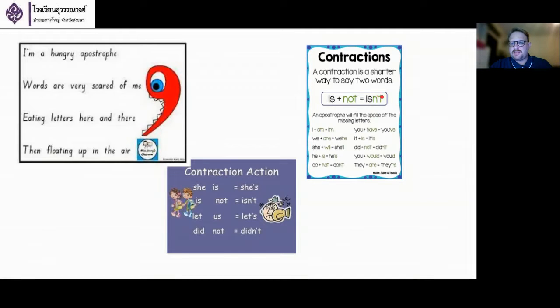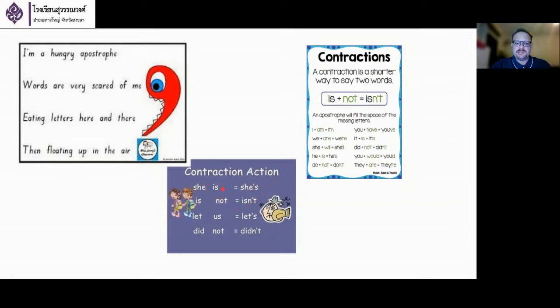See, it's above the N in between the T. Is plus not equals isn't. I-S-N apostrophe T. So it's higher.